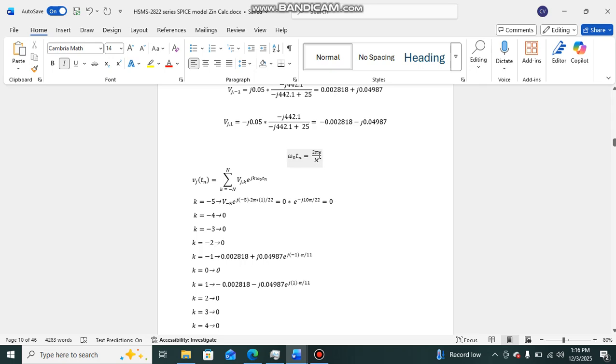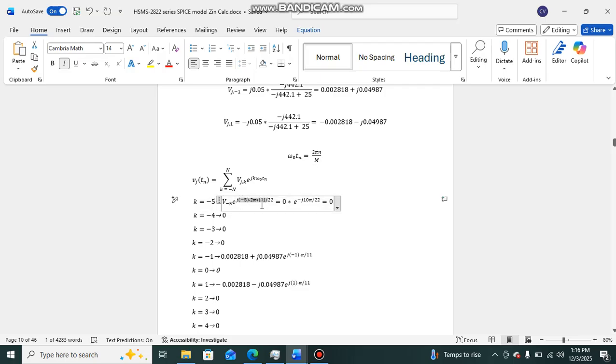That would be 4 pi over 22, and then we would be multiplying that by our harmonic k values. So we're doing negative 5.